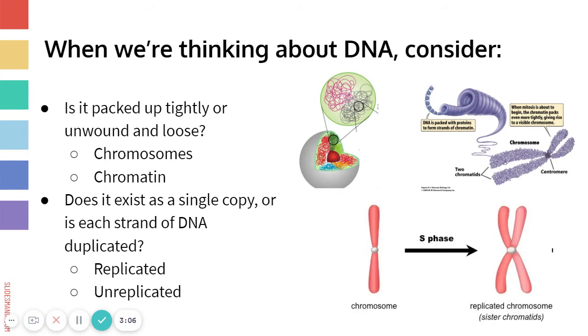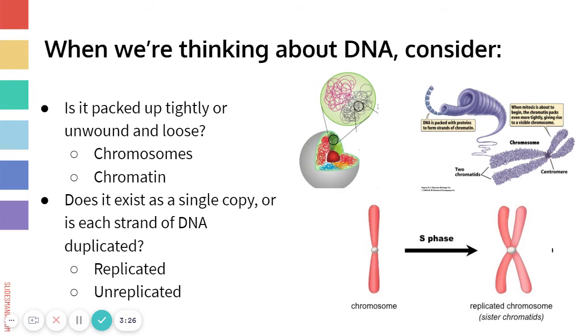But DNA can also be found just loosey goosey. People compare it to a ball of spaghetti, just loose and unwound. It's a tangled up mess, kind of like an unraveled ball of string.